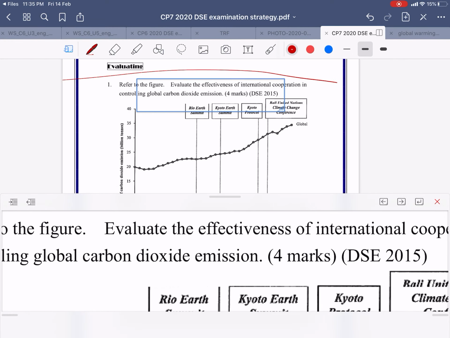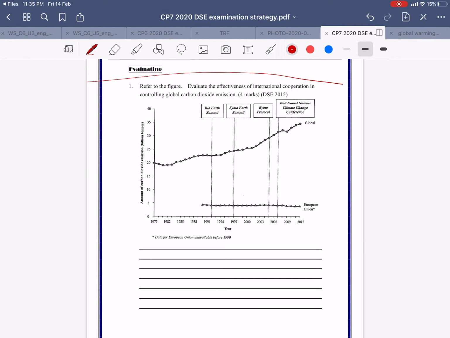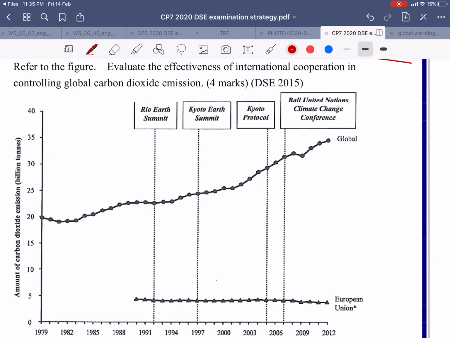This one is about the different kinds of international cooperation that have taken place, and how carbon dioxide emissions go according to these different international cooperation protocols that have been signed, for example Rio, Kyoto Protocol, and Bali, and so on.